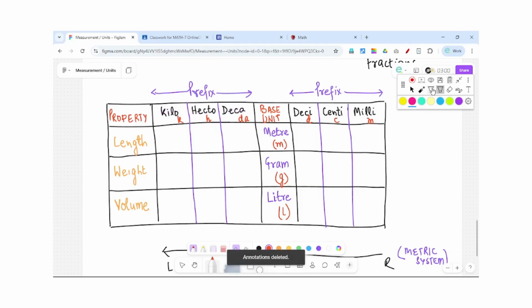We will just use the abbreviations. For milli, M, centi, C, deci, D. The base units have their own abbreviations: meter, gram and liter. For deca, we use DA so as to separate it from the D of deci. Hecto, we use H. Kilo, we use K. Now if we combine these abbreviations, we can fill up all these cells.